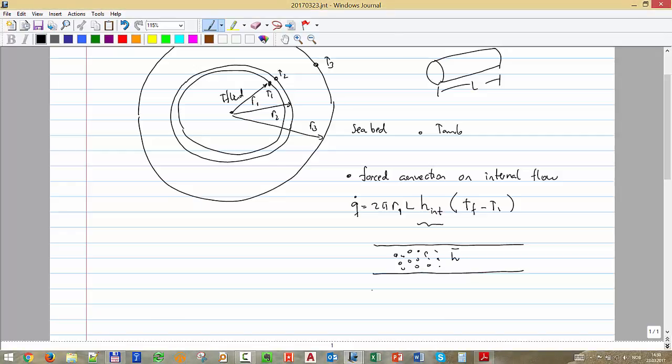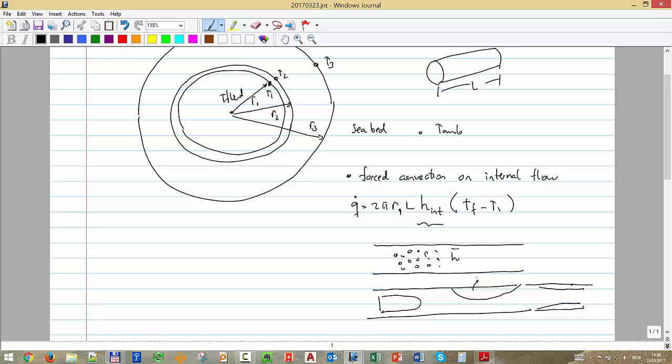Okay, but if I have, for example, slug flow, or I have annular flow, or any other kind of flow, in that case I will have some patches that have some H, and some patches that have another H. Okay, and then the thing becomes very complex.